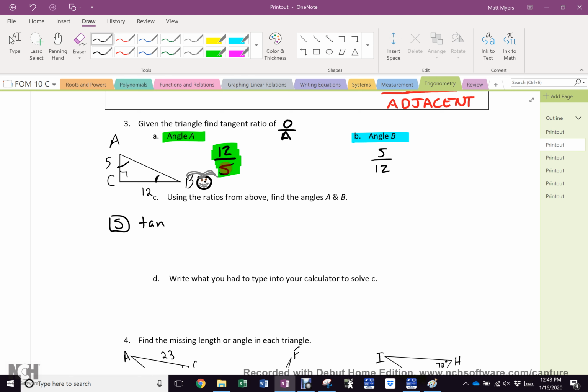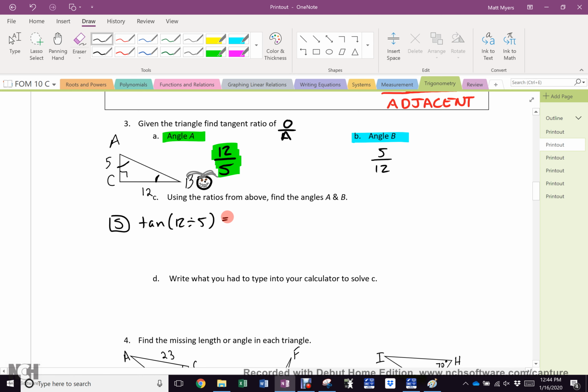Don't write it down unless you're 100% sure you know what you're doing. You've given me away, Jacqueline. If you do tan 12 divided by 5, it's going to give you a little tiny decimal and divide that by 5. You must use brackets. 12 divided by 5, close brackets, equals.